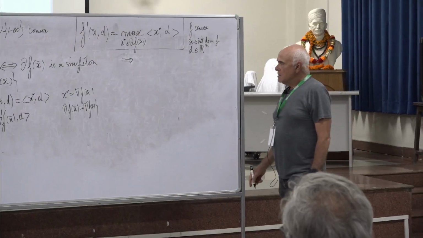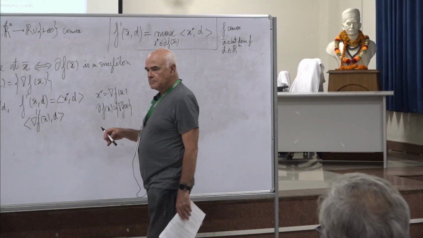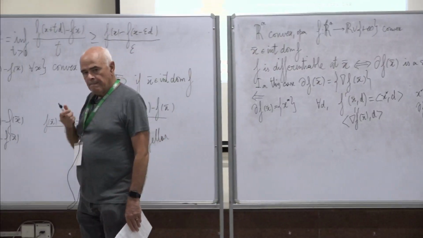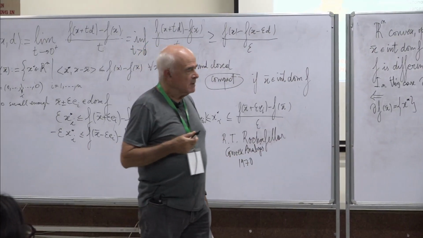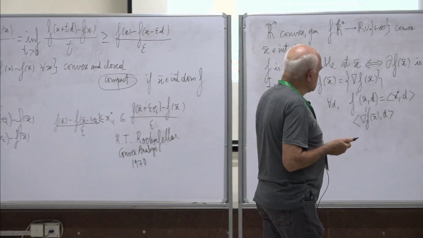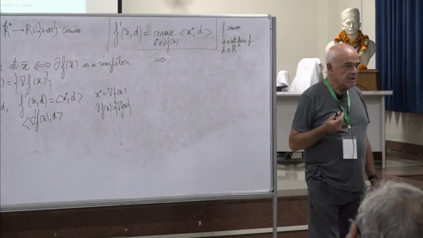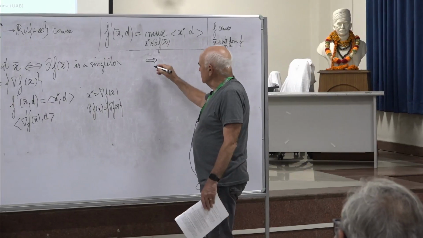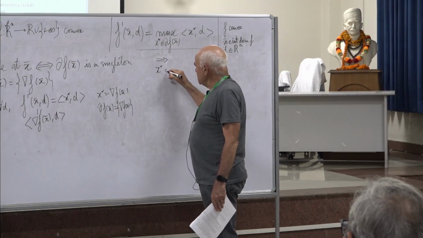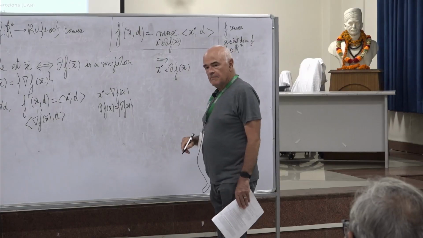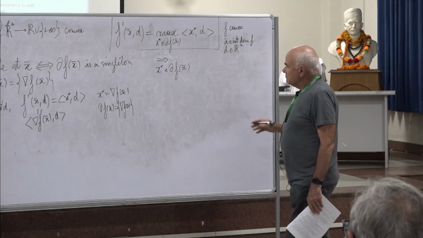Okay? So now we are assuming that f is differentiable at x bar, and so let us prove that there is only one element in the subdifferential. Take one element. We know that this is non-empty, but it may have infinitely many elements. Take one.